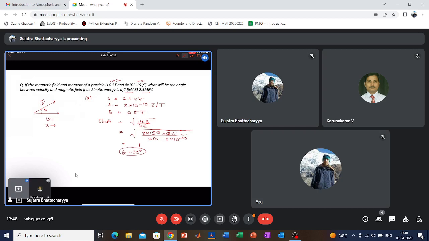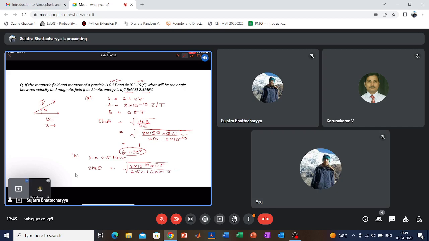On the other hand, in the second case, the kinetic energy is 2.5 mega electron volt, so this extra 10 to the power 6 will come. So 8 into 10 to the power minus 19 into 0.5 divided by 2.5 into 1.6 into 10 to the power minus 13.